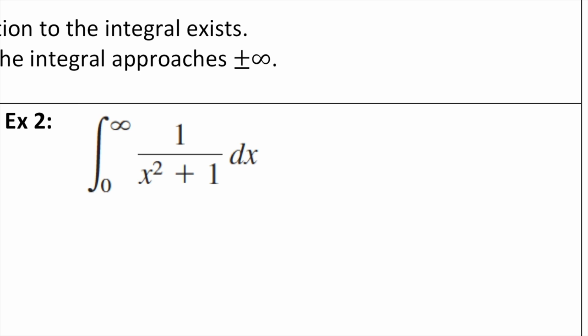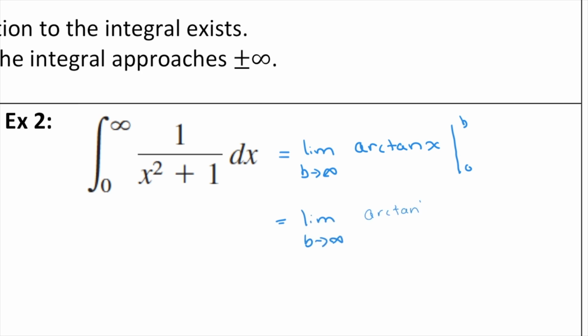And when we look at example 2, notice one of the endpoints again is going to infinity. So we know and understand that this is now a limit problem. Keep your limit as your b goes to infinity. And we also know that the antiderivative is the arctan of x for this problem. We're going to evaluate from 0 to b. Substitute, we'll have the limit as b goes to infinity, the arctan of b minus the arctan of 0.